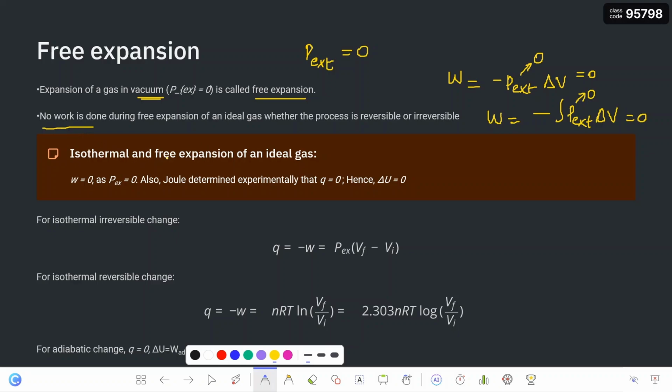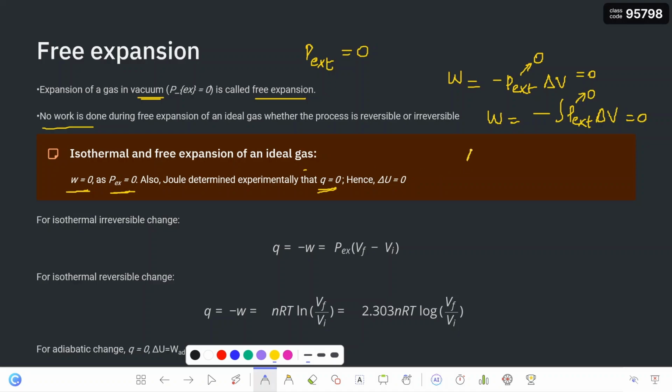So for an isothermal free expansion of an ideal gas, as I already told, P external is equal to 0, which implies that W is equal to 0. Also, Joule determined experimentally that Q will be equal to 0. There won't be any transfer of heat during such free expansion.